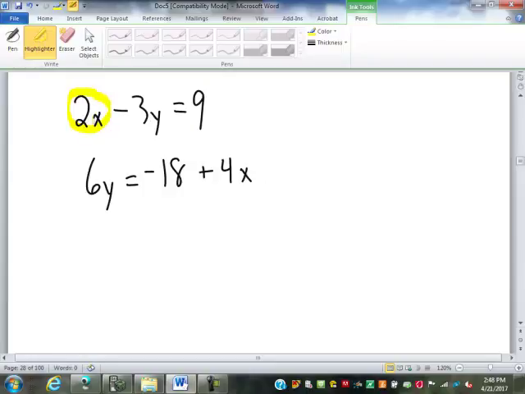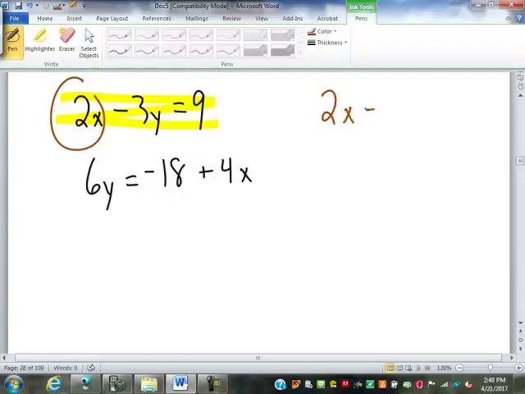Looking at them, there's only two possibilities. I can solve this one for x because it'd be dividing by 2. Or I can solve this one for x because it'd be dividing by 4. Which one's going to be simpler? Probably the 2, yes. We're going to solve that top equation for x. What am I going to do first to solve that for x?